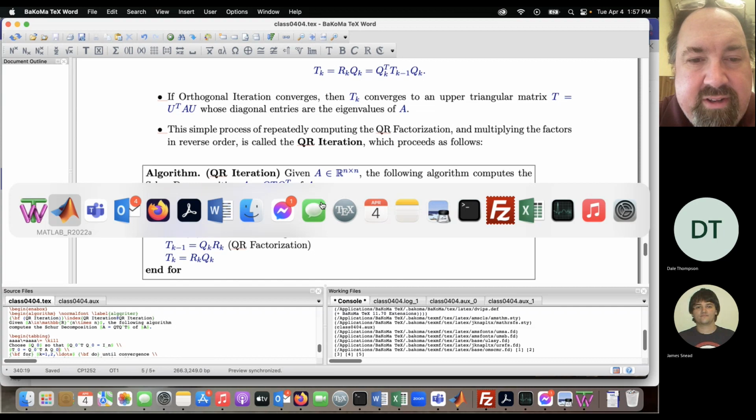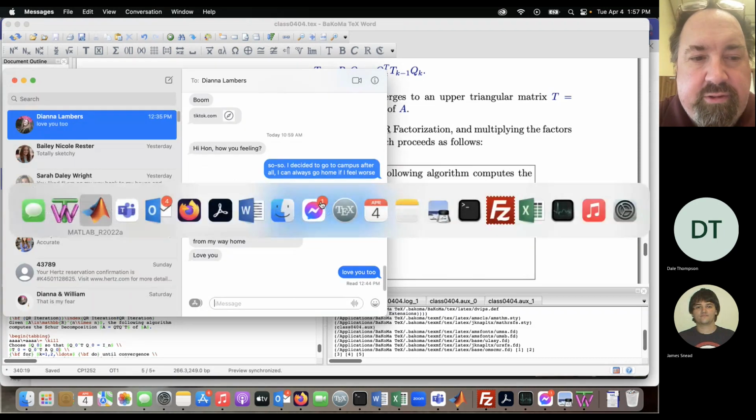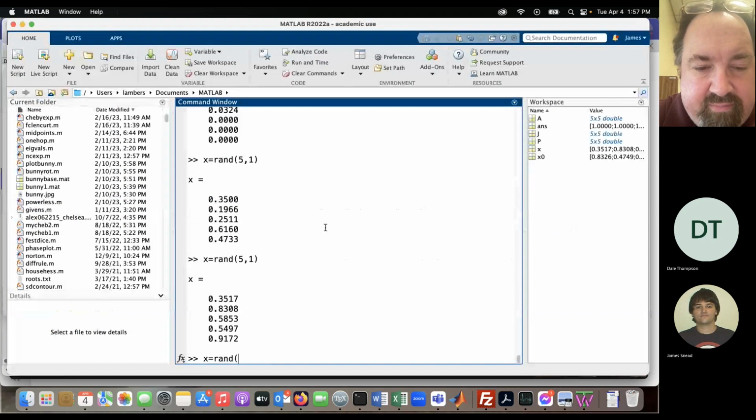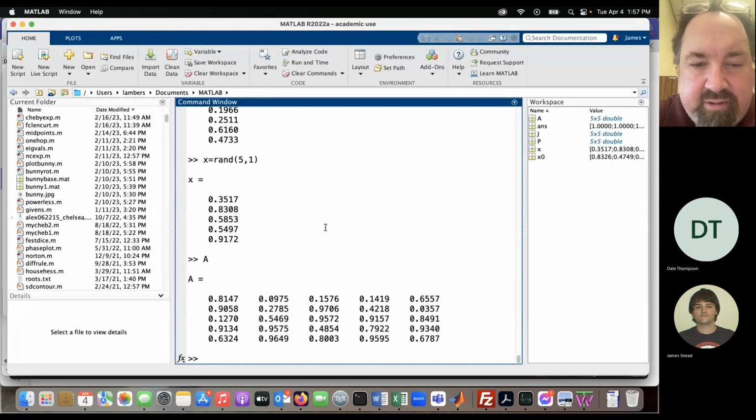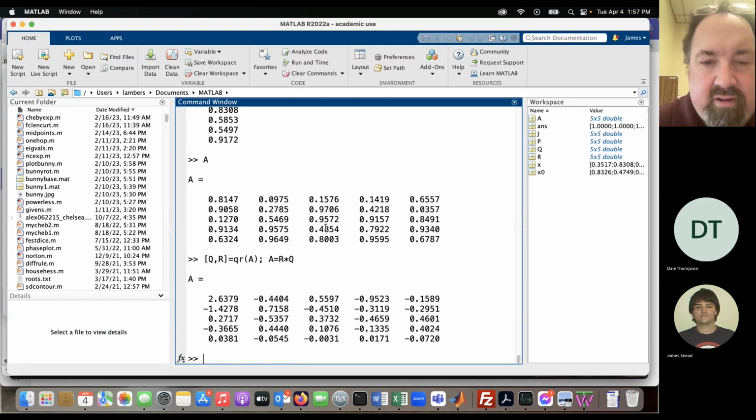Let's try this out. Okay. All right. Here's my matrix A. So then I'll do QR equals QR of A, A equals R times Q. All right.